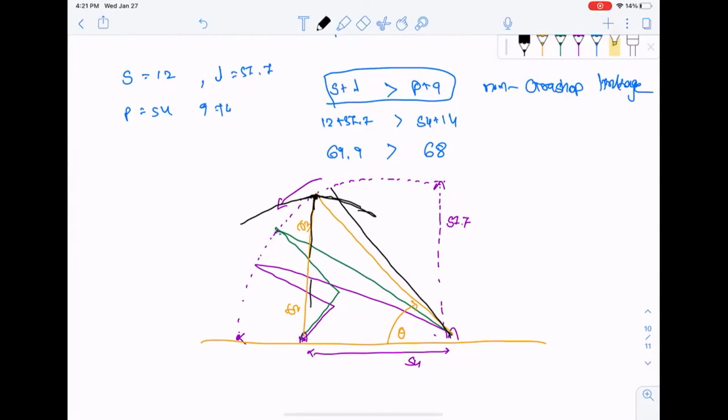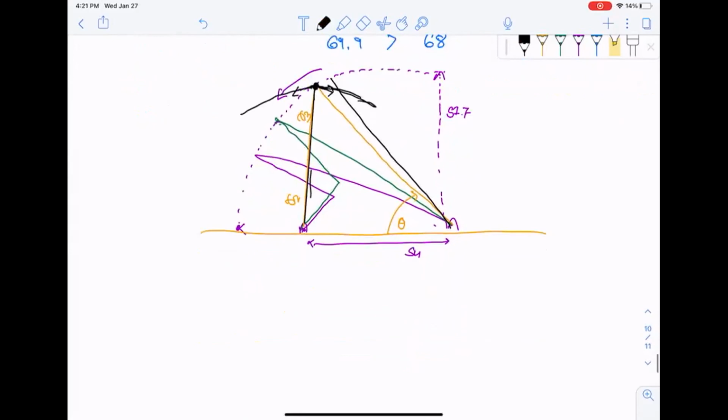If I look at it from the perspective of this link combined R2 and R3, R3 is going to go down and not up. So this is the maximum possible angle that link 4 can achieve from the ground.